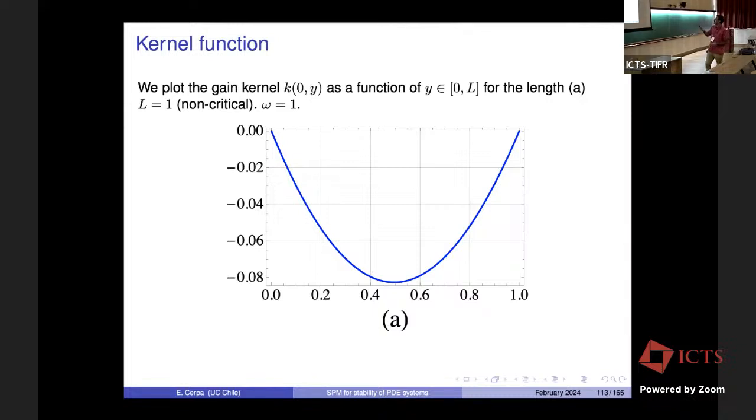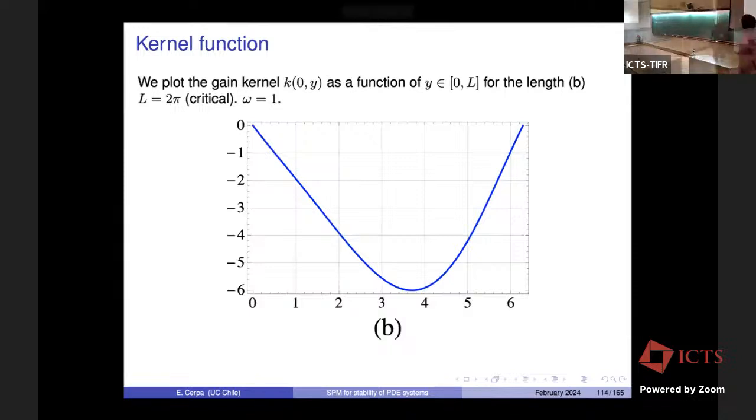For L equal to 1, it's not critical, so it's very easy to stabilize because the system is already stable without doing anything. The function looks like this, but the values are very small, so it's a flat function near 0.